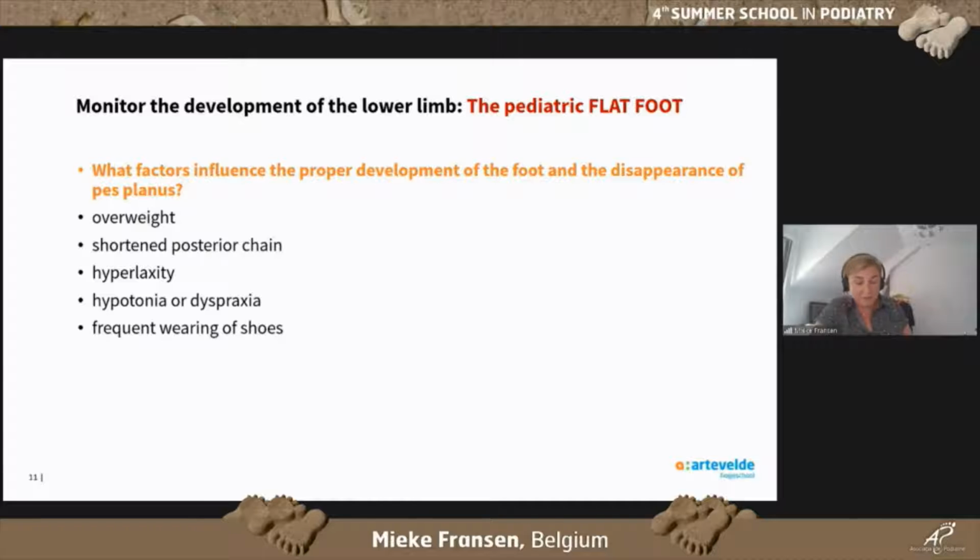And the last very important one is that we know from research that children who start wearing shoes early and who wear shoes frequently have more chance of the foot not developing normally. So the key message here is that children need to walk barefoot as much as possible, even when they're small, outside and in the house.